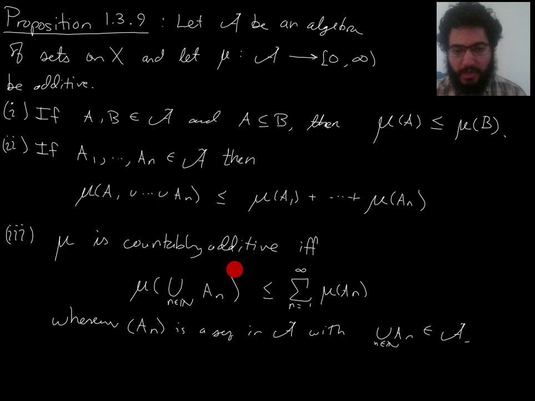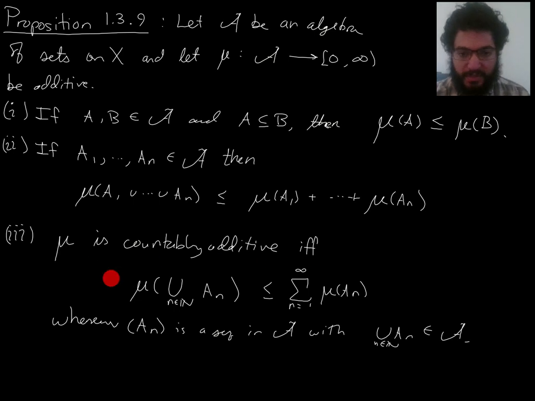So remember, mu is countably additive means if you take any countable collection of disjoint sets that are in the algebra of sets, whose union is also in the algebra of sets, then mu of the countable union equals the sum, or the infinite series, of the mu's.